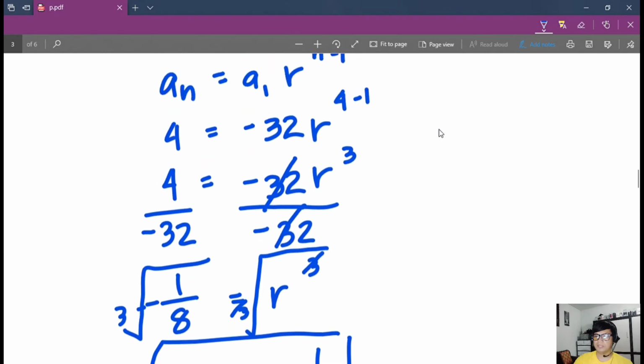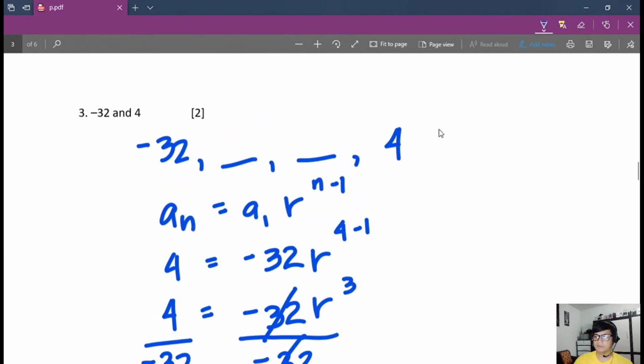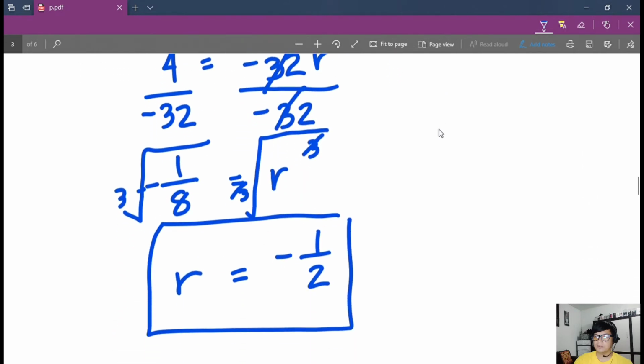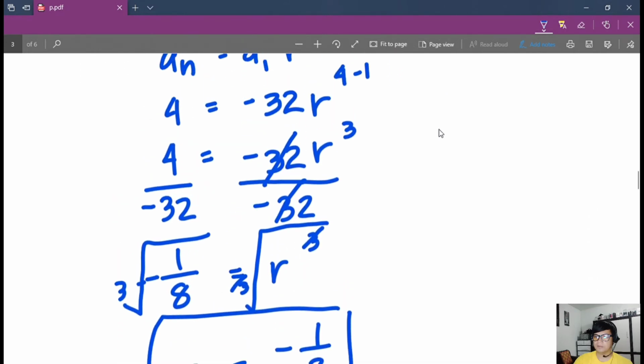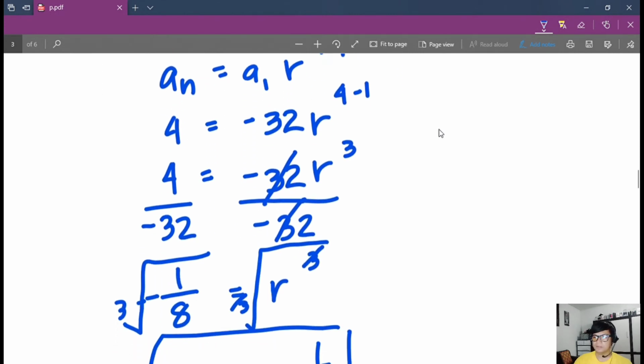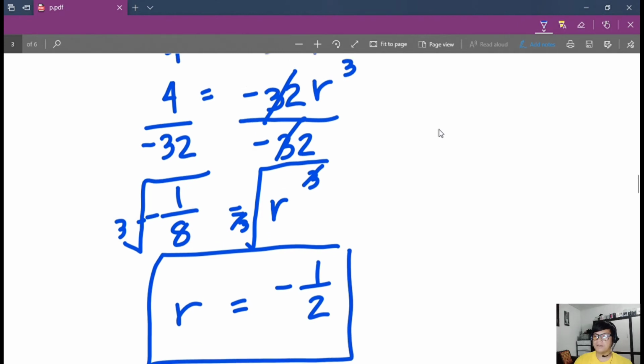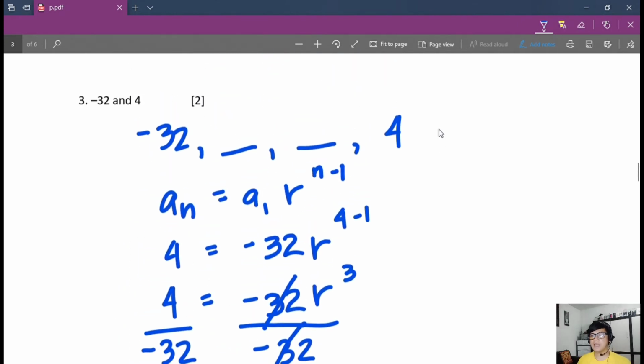So, this is what we multiply here. Negative 1/2 times negative 32, that's 16. 16 times negative 1/2, that's negative 8.